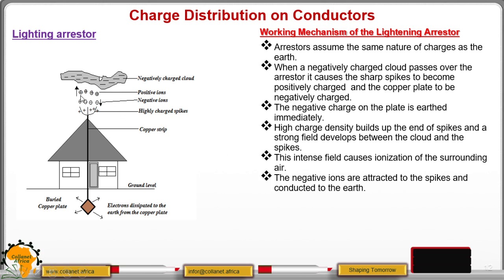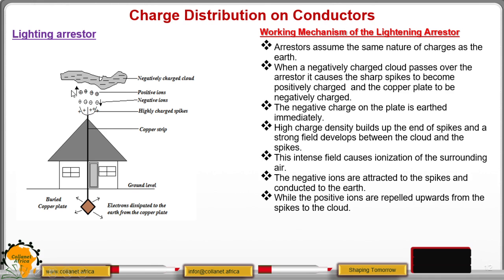When they are ionized, it means we shall have positive and negative ions. Because the spikes are positively charged, they will attract the negative ions. When the negative ions are attracted, they are conducted to the earth, or in other words, they are earthed, while the positive charges are repelled. When they are repelled, they go and neutralize the charges on the cloud.